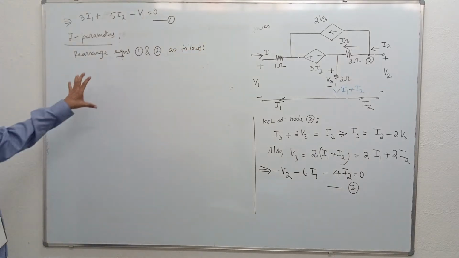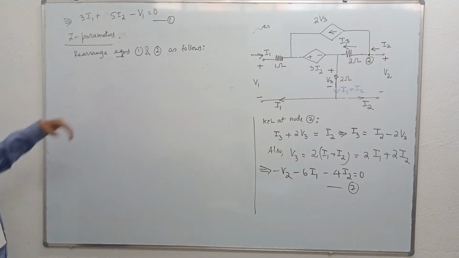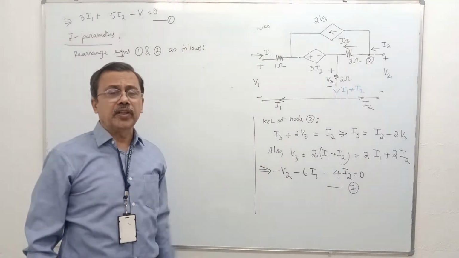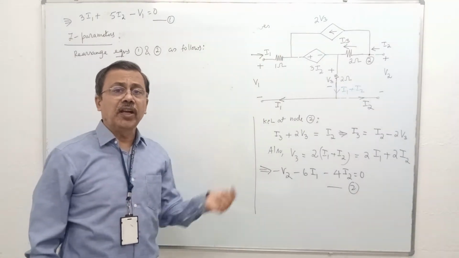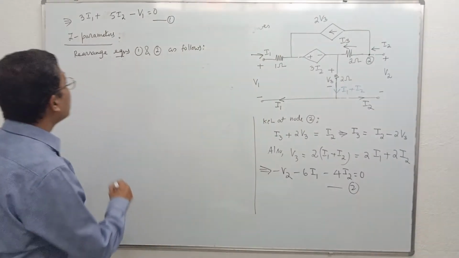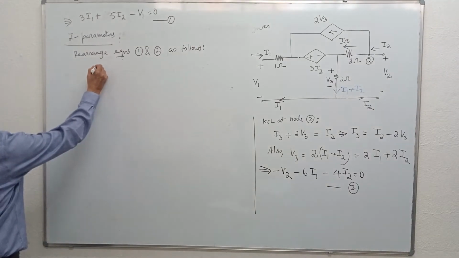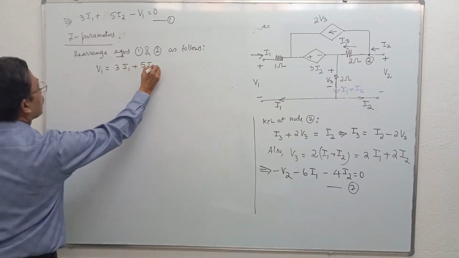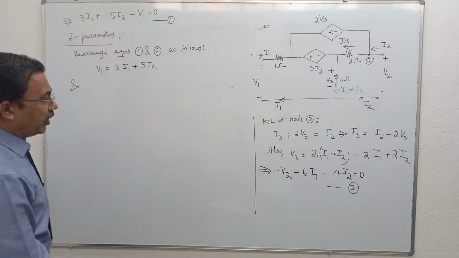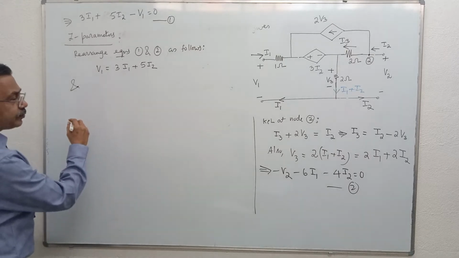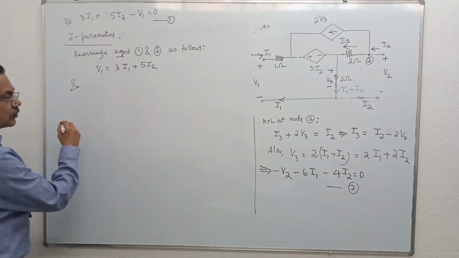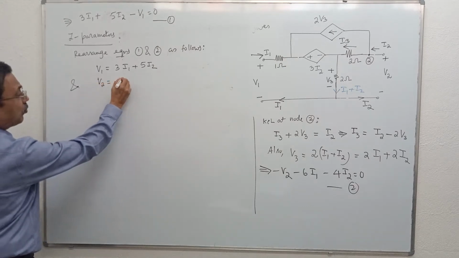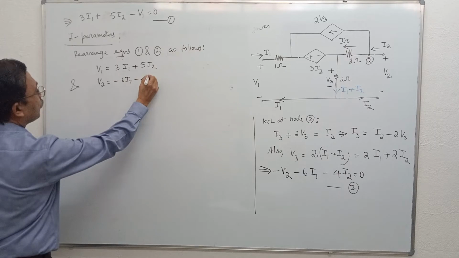Keep the dependent variables on the left hand side, independent variables on the right hand side. So for defining Z parameters, V1 and V2 are the dependent variables, I1 and I2 are the independent variables. So we write equation 1 as V1 is equal to 3I1 plus 5I2, and equation 2 we write as V2 is equal to minus 6I1 minus 4I2.